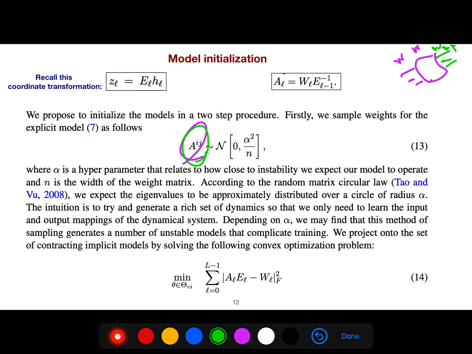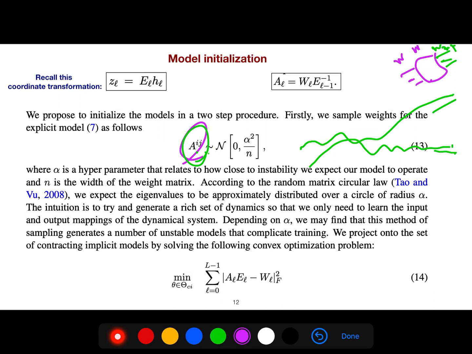But because the space of randomization is too general, you could have unstable dynamics that suddenly explode, or dynamics that are too stable. We don't want these two, because both of them, as I said, are extreme behaviors. We don't want to explode, and we don't want to be too stable.